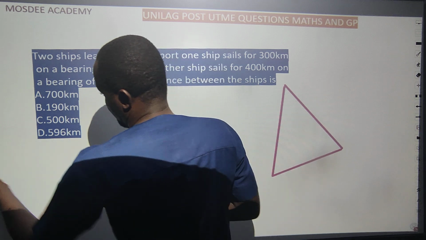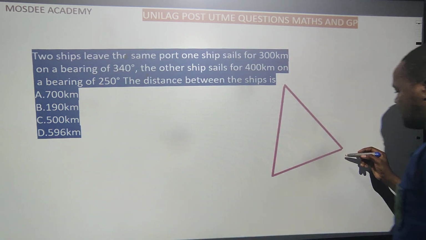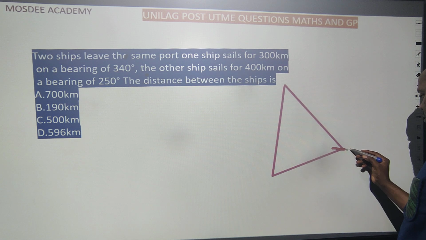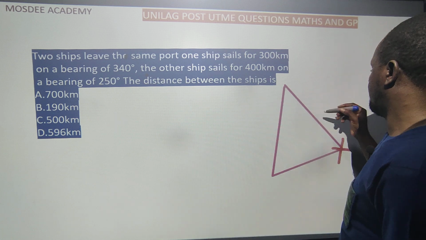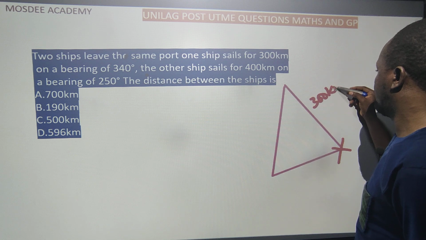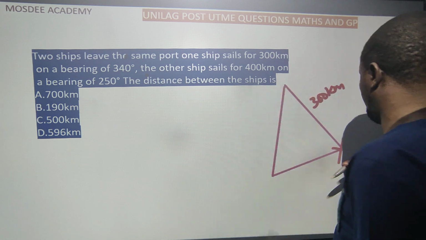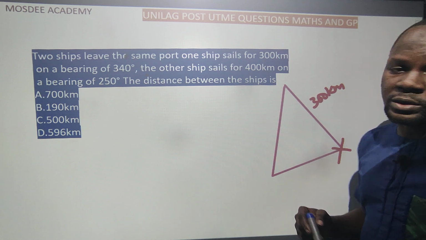Now, let me just show you the bearing position. I'm taking these guys as a starting point, this place. The first one is at 300 kilometers, on a bearing of 340. See, bearing is clockwise: 90, 180, 270. You are going to 340.